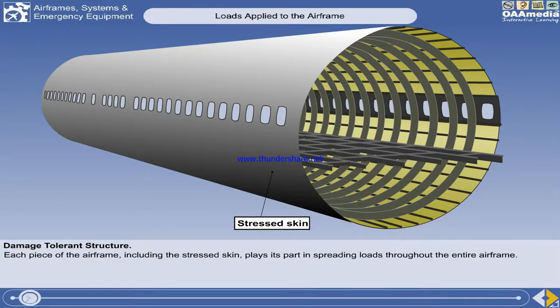Modern concepts of aircraft design employ the stressed skin style of construction, where each piece of the airframe, including the stressed skin, plays its part in spreading loads throughout the entire airframe and is tolerant to a certain amount of damage.